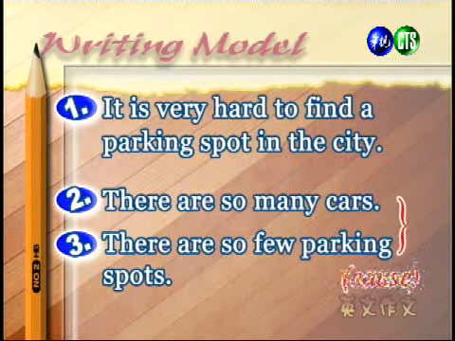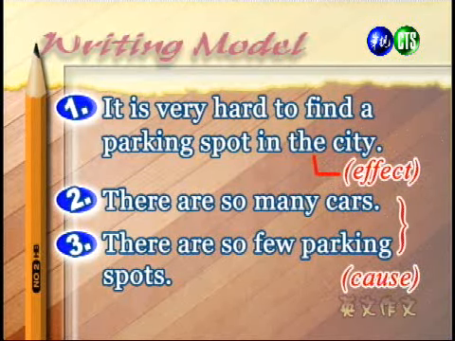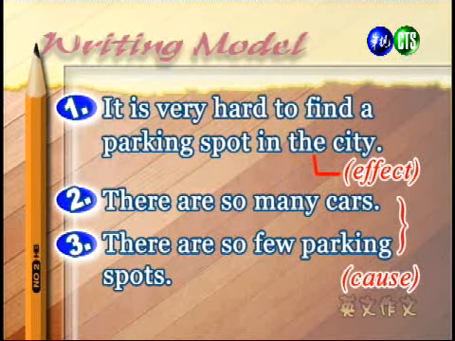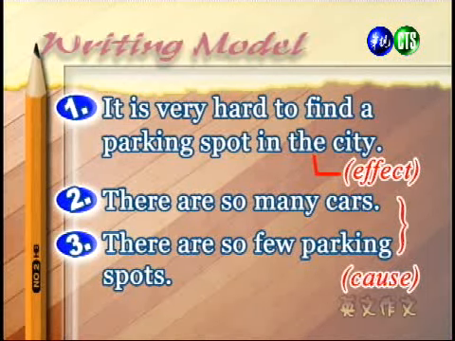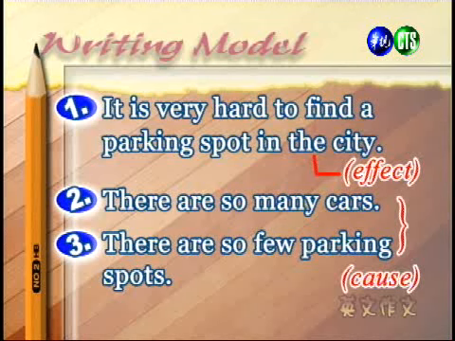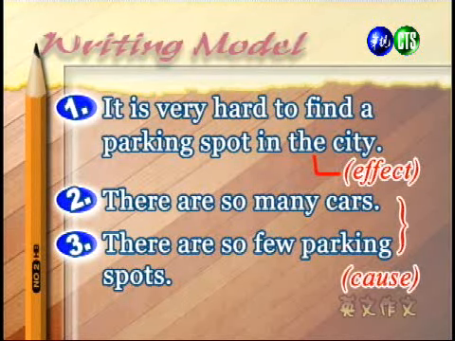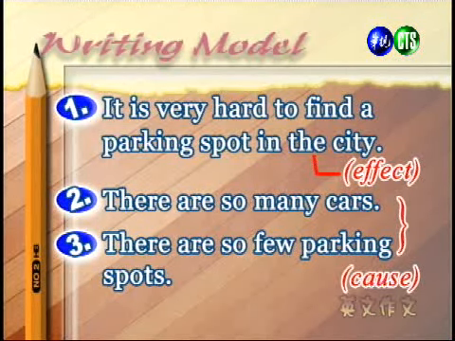Right, so now when we combine these sentences together, we need to determine what relationship exists between the sentences. And so we can see in these three sentences that there's a cause and effect relationship. Sentences 2 and 3 are the cause, and sentence 1 tells the effect or the consequences of the cause.